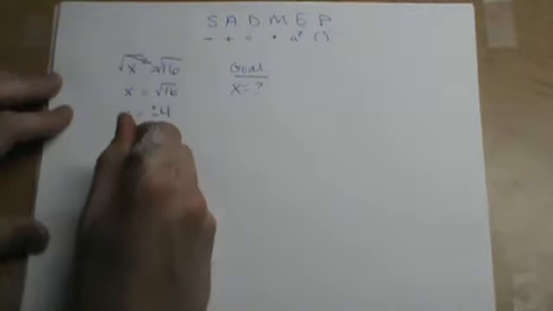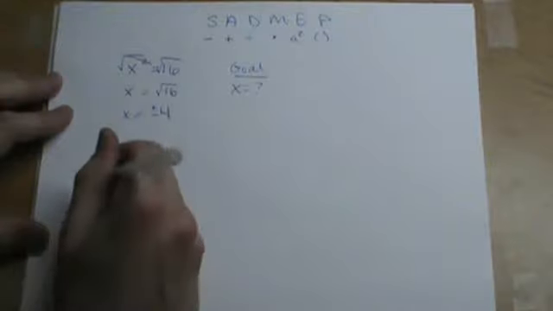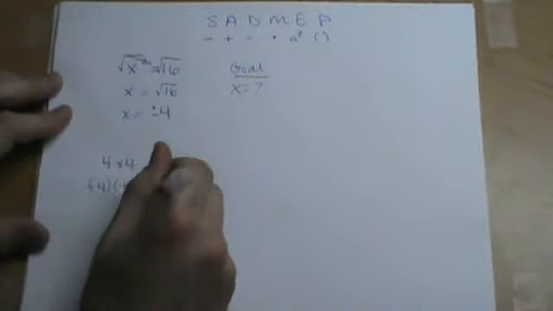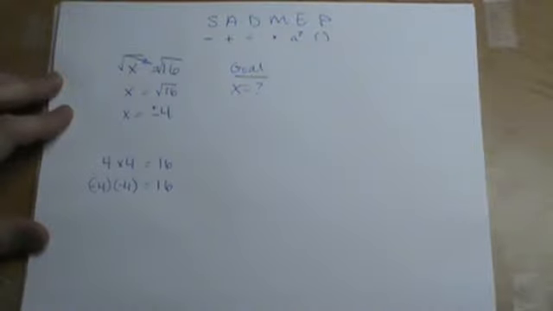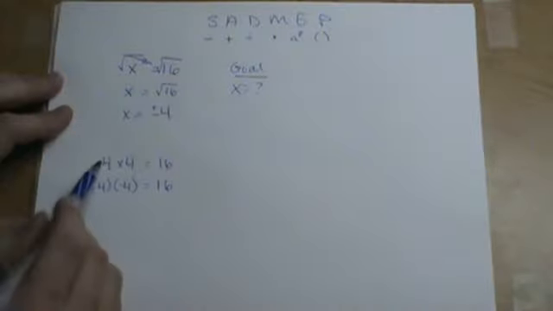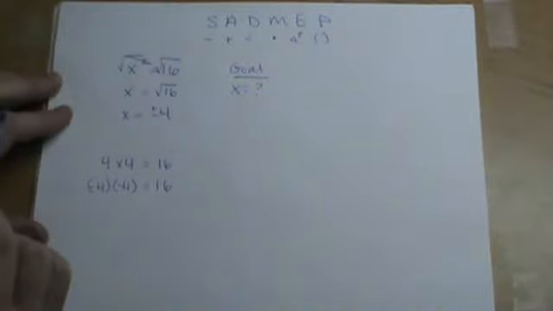The reason being, if I take 4 times 4, that equals 16 on our calculators. If I also take negative 4 times negative 4, it also equals 16. So when we do square roots, we have to have that plus and minus because it could be a negative times a negative, and it's still going to be that same positive. Or we could have a positive times a positive, and it's going to be that same positive under the radical. So we have to have the plus or minus right there.